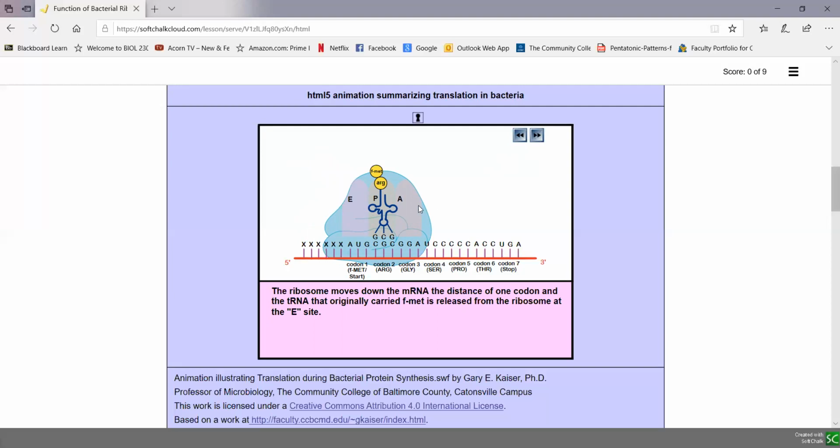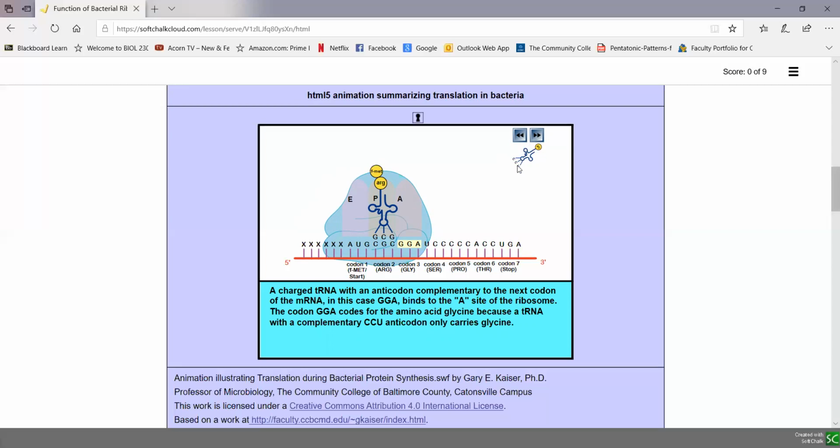And that opens up the A site, so a new transfer RNA can read the next codon, which is GGA. And that is the codon for the amino acid glycine. So that codes for glycine because the only transfer RNA that can line up there is one that has a complementary anticodon, CCU.